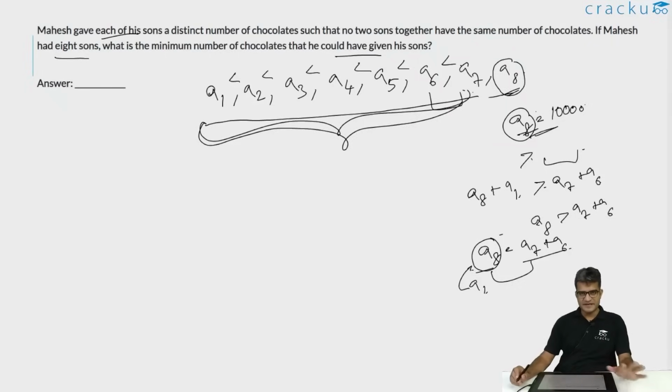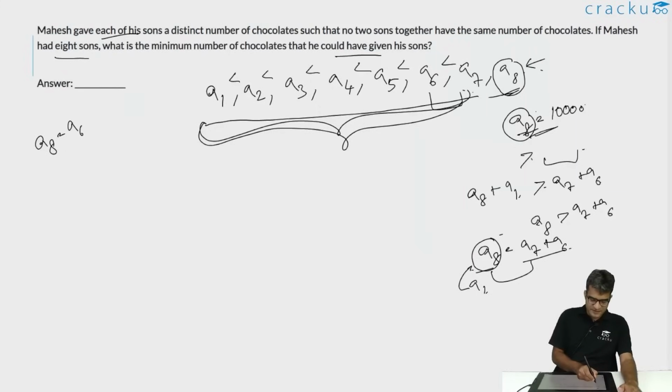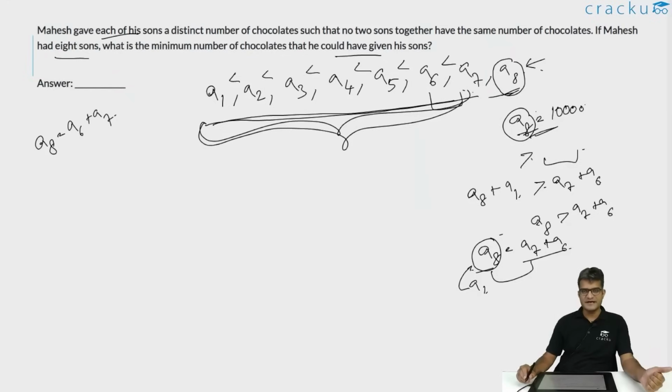If this pattern is already satisfied for these 7 numbers, and now you are looking for A8, if you make A8 to be equal to A6 plus A7, then definitely this will hold true, because the maximum sum of a pair from A1 to A7 will be if you sum up A6 and A7. Now even if you are adding the smallest number A1 to A8, the sum of A1 plus A8 will be greater than A6 plus A7. So again the formula will continue to hold true.